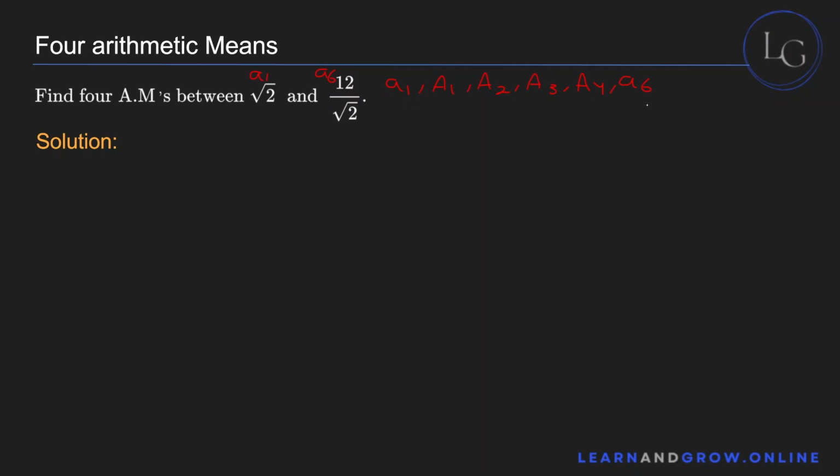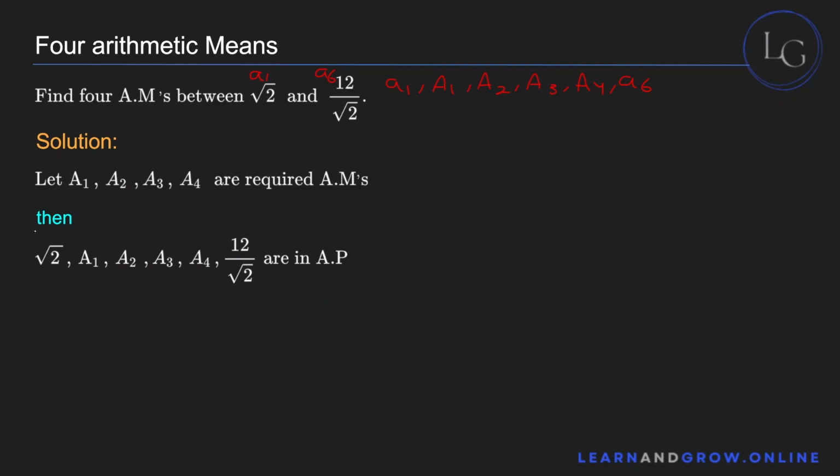And the common difference between all of these is obviously the same. So now, we have to find A1, A2, A3, and A4. We've been given these two terms, and obviously under root 2 is equal to a1, and a6 is 12 over under root 2.